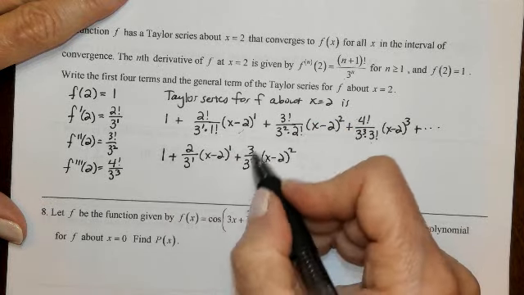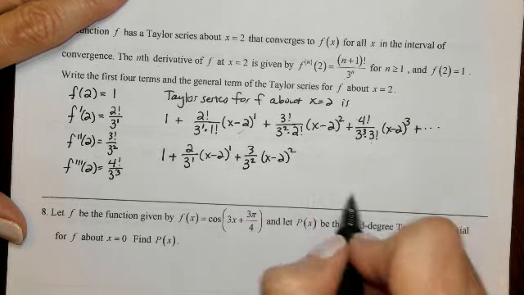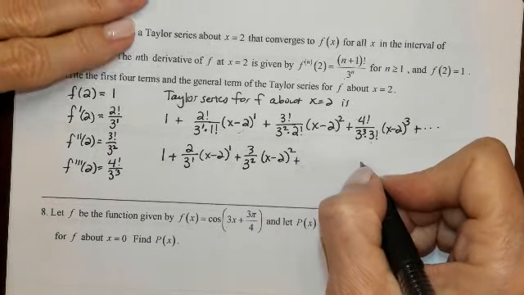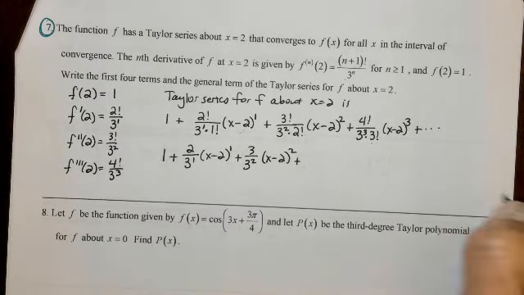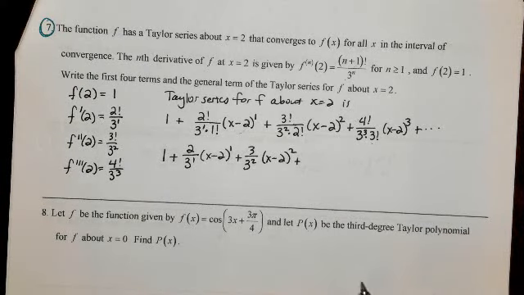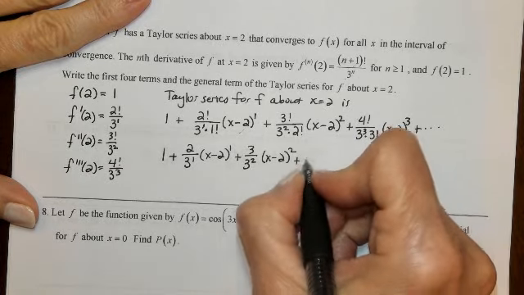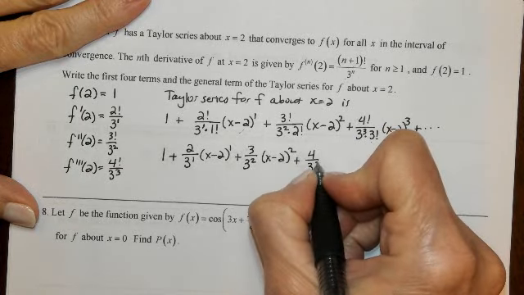Definitely do not reduce those powers of 3 though, because again, you'll lose that pattern. Not that it's wrong to reduce it, it will make it harder for you to see the general term if you reduce that. 4 factorial divided by 3 factorial leaves you a 4 on top.